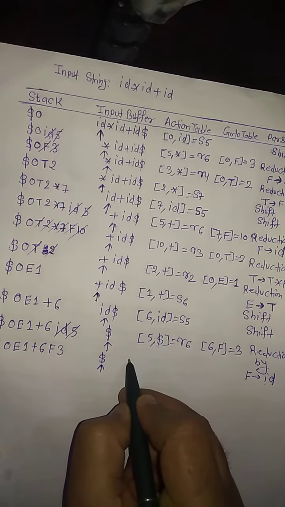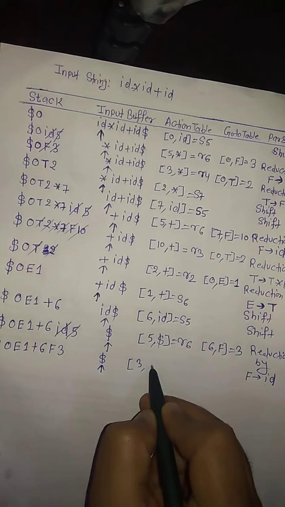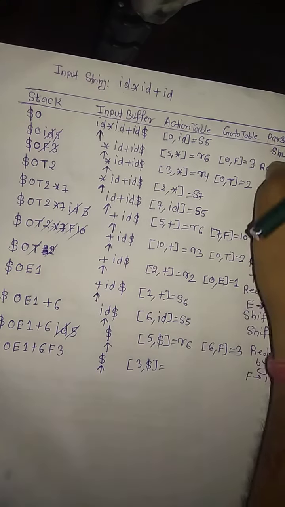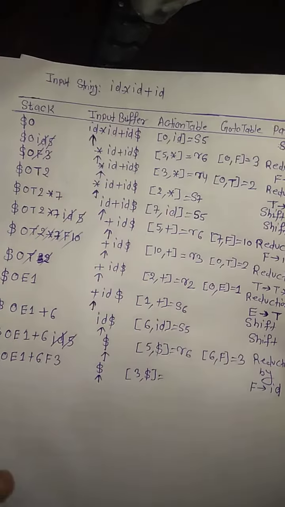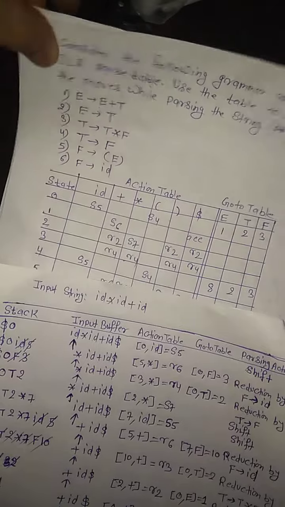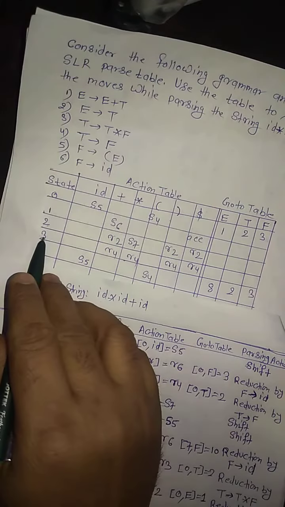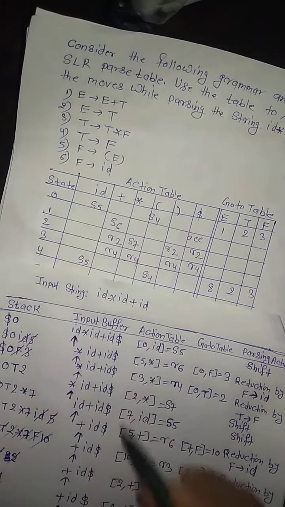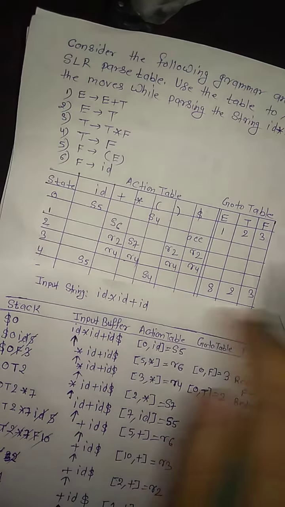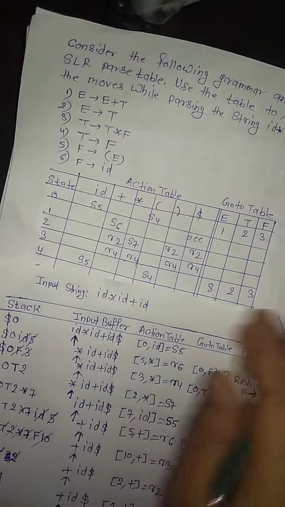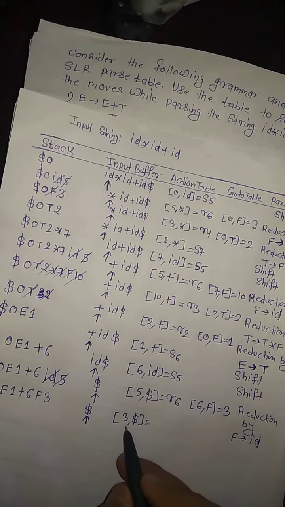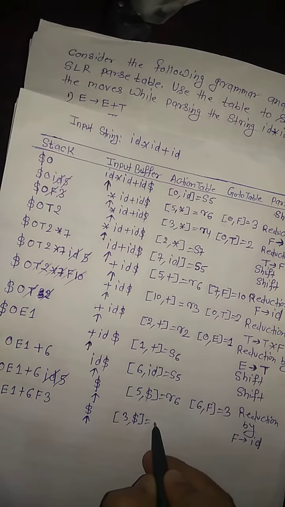Now you write in the action table 3 comma dollar. So 3 comma dollar means again you go to the parsing table, and in the parsing table I3 state and dollar column we have R4. So you write here R4.